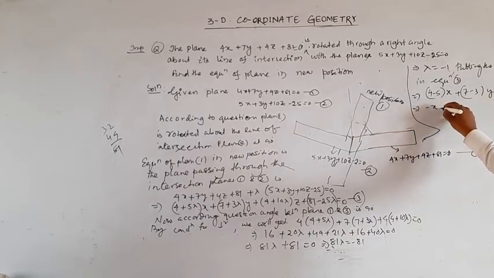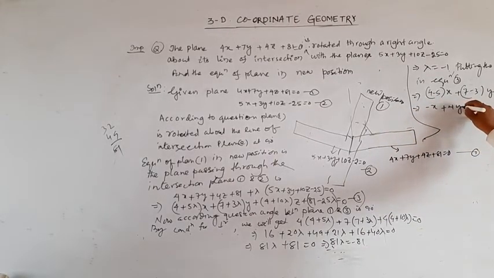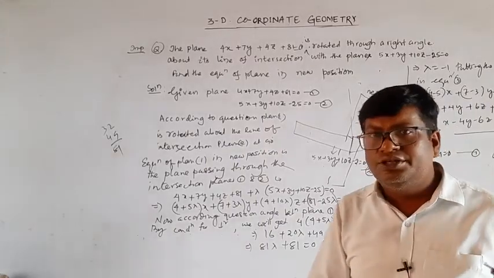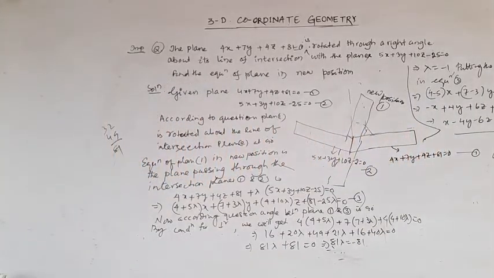That is minus x plus 4y minus 6z plus 106. Or we can write x minus 4y plus 6z minus 106 is equal to 0. This is the new position of the plane 1.